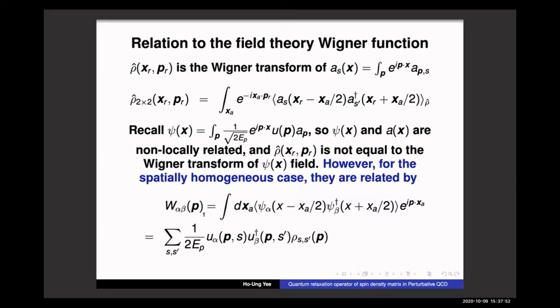But another reason to consider especially the homogeneous limit is that in that case, since we are really neglecting the space dependence, this non-relativistic Wigner function is simply related to the relativistic Wigner function by just an additional multiplication of relativistic spinors, which is shown by the bottom equation.